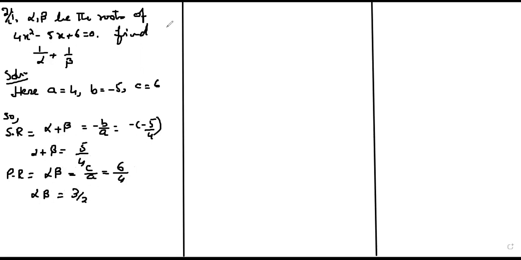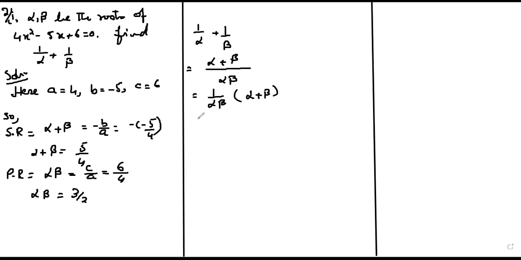So alpha beta equals to 3 over 2. Now we have to find the value of 1 over alpha plus 1 over beta. So alpha beta will be the LCM, and we have alpha plus beta on the numerator. So it will be 1 over alpha beta times alpha plus beta.